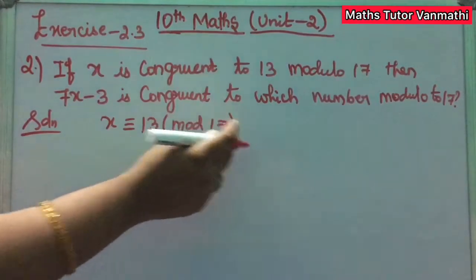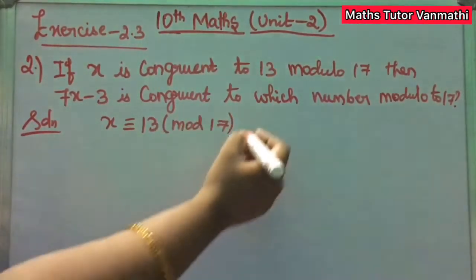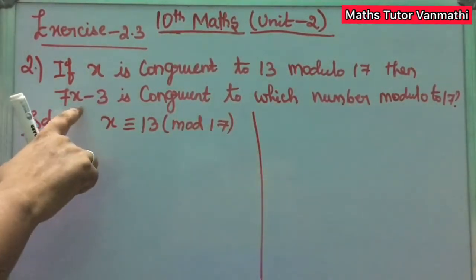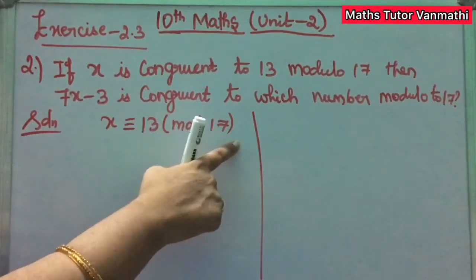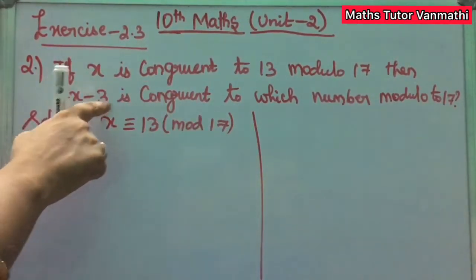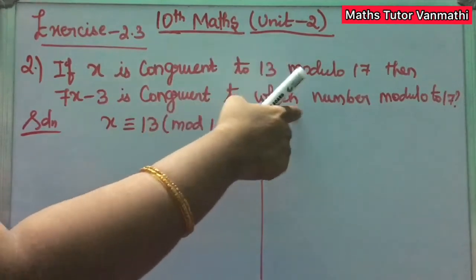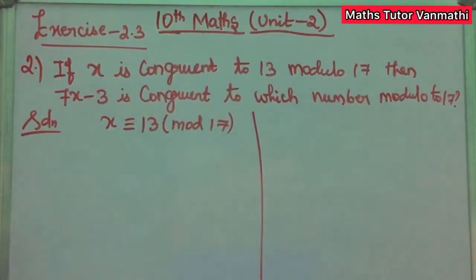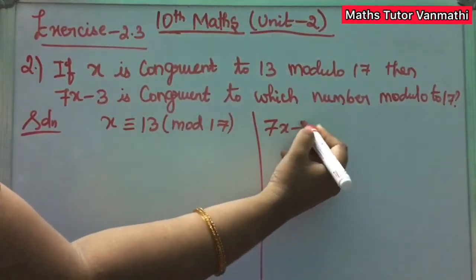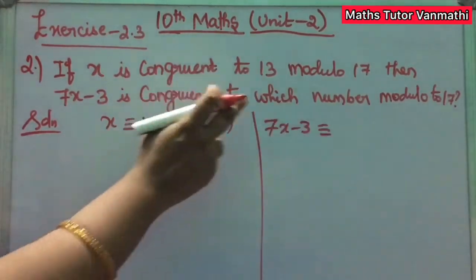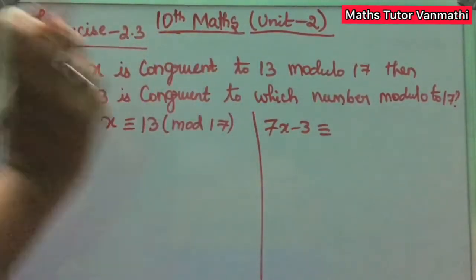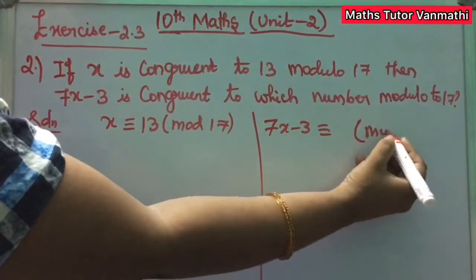That is your mod 17. And another one they are asking is 7x minus 3. If it is like this, then 7x minus 3 is congruent to which number modulo 17? That is, 7x minus 3 is congruent to which number modulo, they are asking. That is modulus 17 they have given.